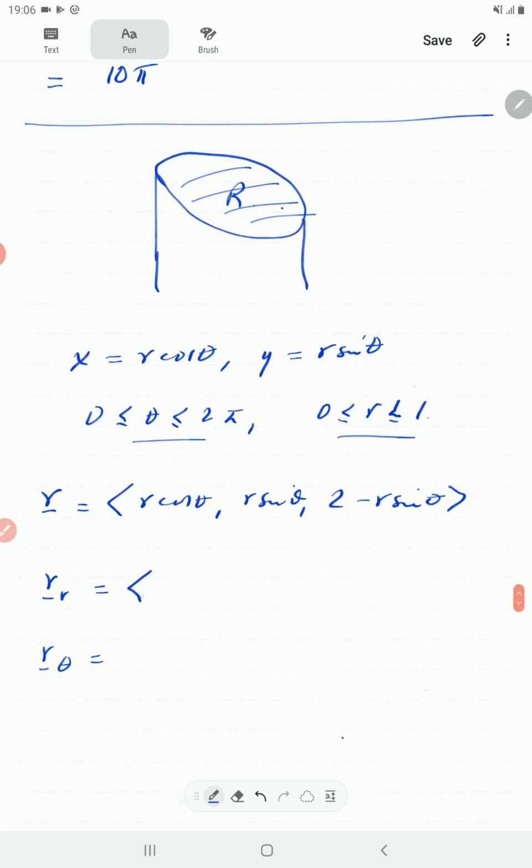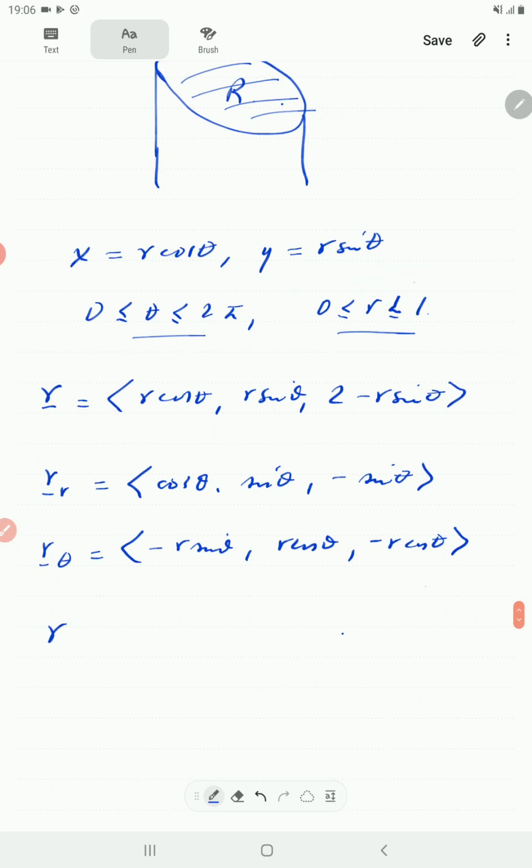Okay, so r_r is going to be just the derivative of this partially with respect to r: cosine theta here, sine theta there. The derivative of this with respect to theta now is going to be minus r sine theta, r cosine theta, and this one is going to be minus r cosine theta.